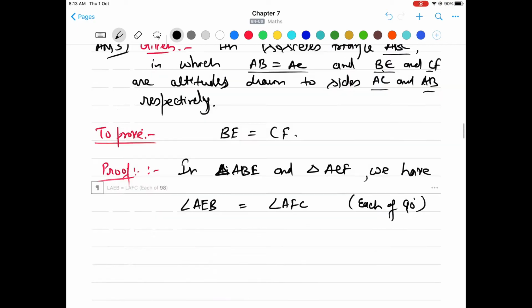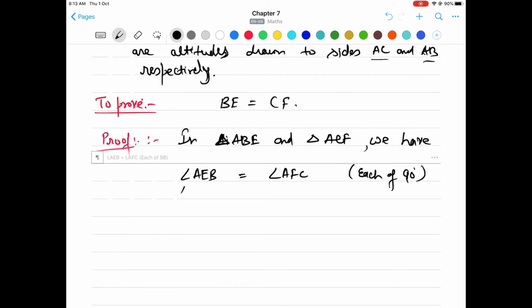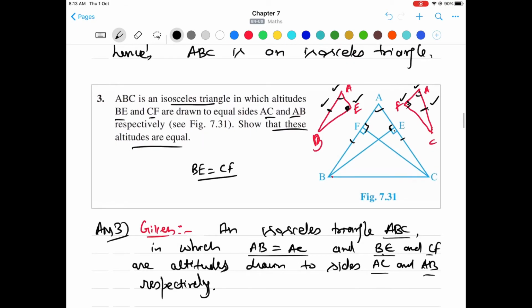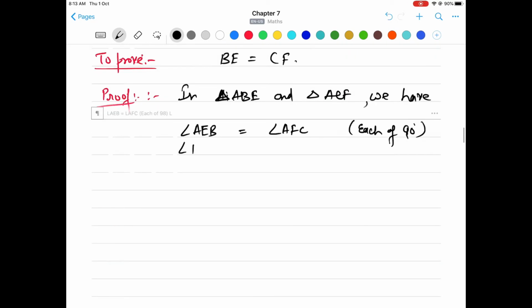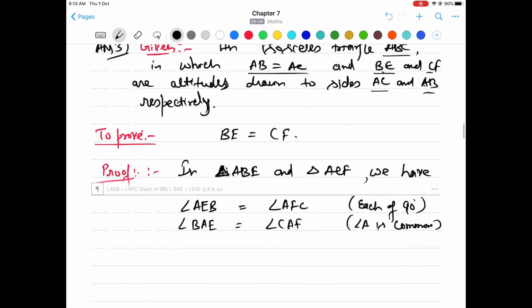Okay, then we have another angle, angle A. Angle A can be written as BAE and CAF. Angle BAE will be equals to angle CAF, because angle A is common for both the triangles.